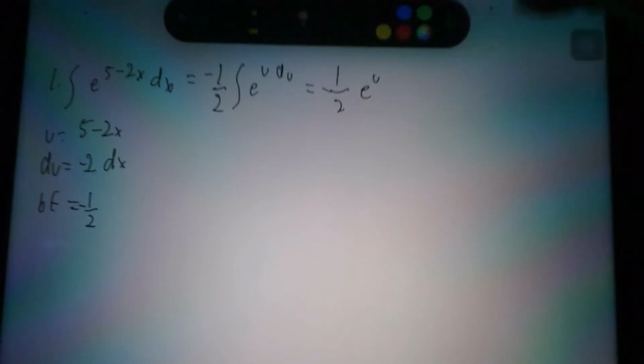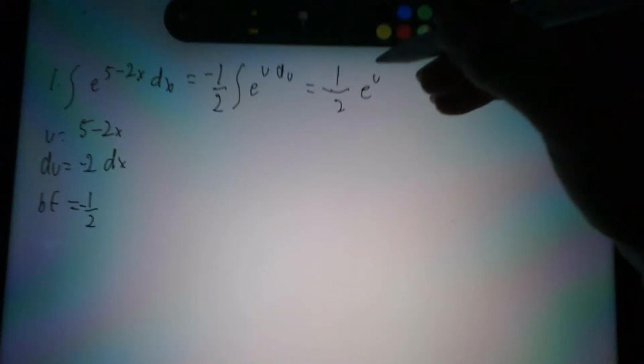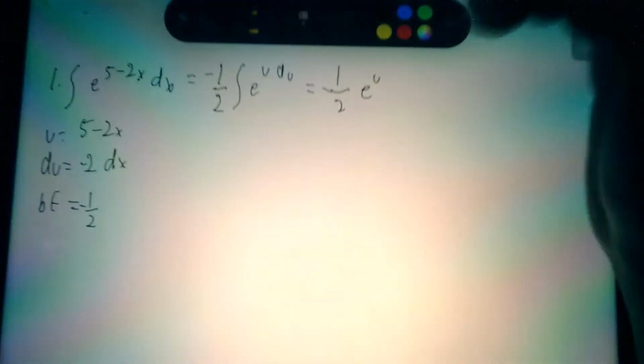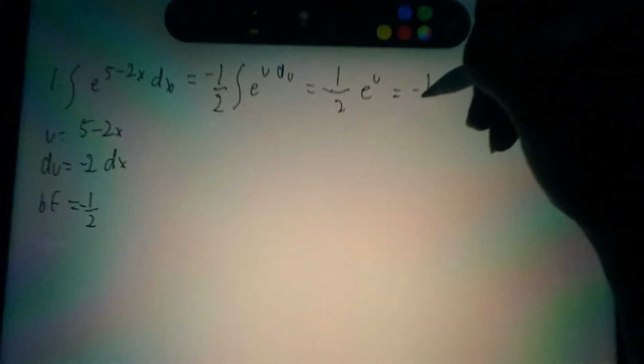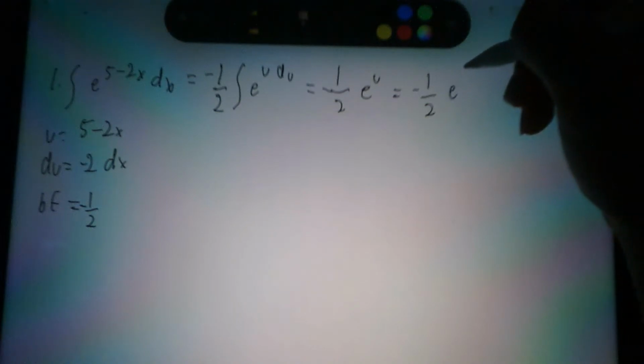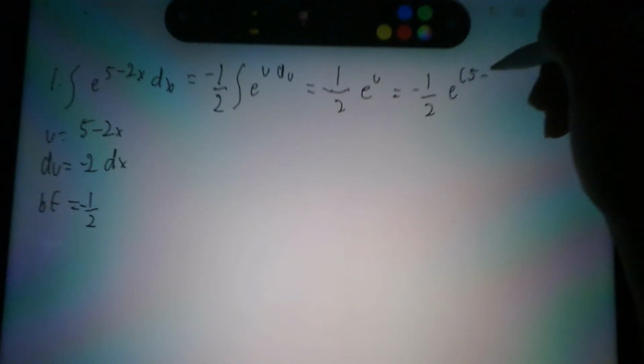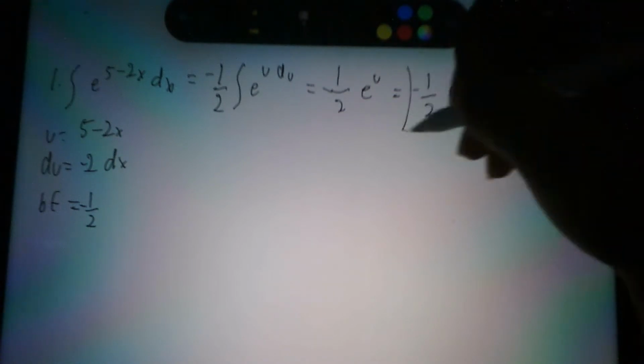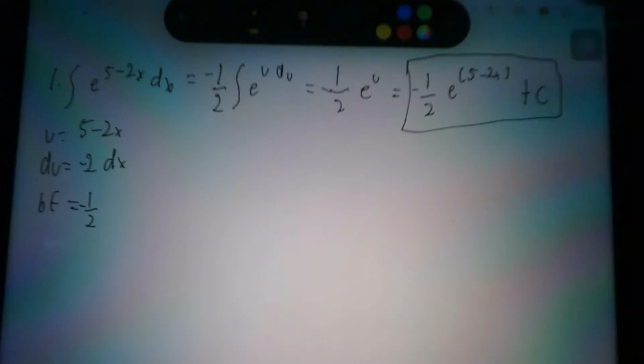We substitute back our u, which is 5 minus 2x, so negative 1/2 e raised to 5 minus 2x plus c. This is our answer for problem number 1.